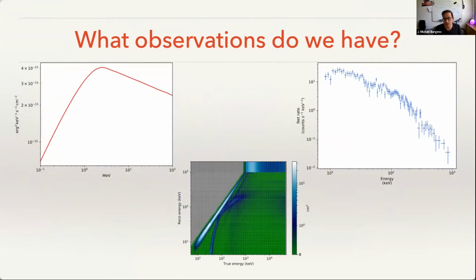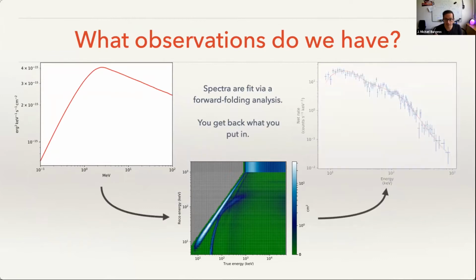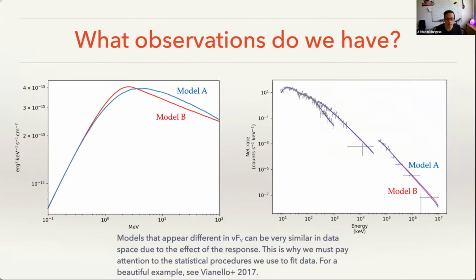The way we understand this is by folding the spectrum through this highly singular response matrix. By highly singular, I mean we can go one way and see what the spectrum looks like next to the data, but we cannot go back the other way. That's why we have to do forward folding. Because of this singularity in the matrix, you can have 2 solutions to this equation that look very similar in the data.